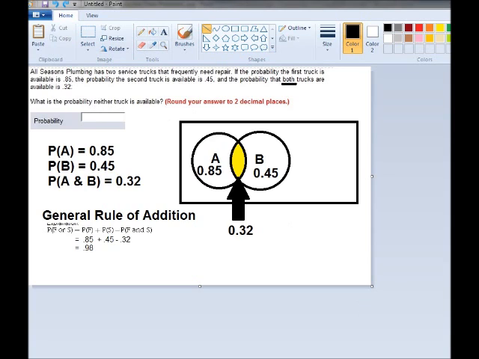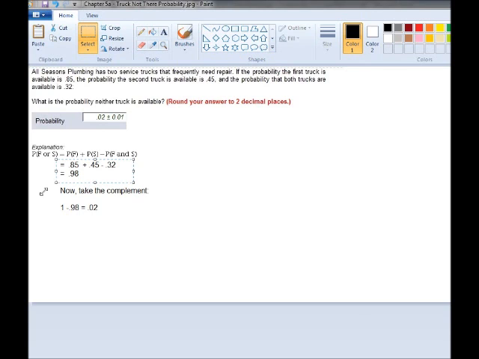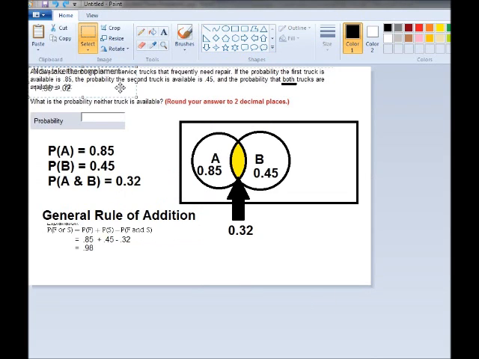Well, how do we get the opposite? We have to take the complement. So this is a very common practical use of the complement. So what we do is, since 0.98 is the probability that one or the other truck will be there, 1 minus that, which is 0.02, is the probability that neither truck will be there.